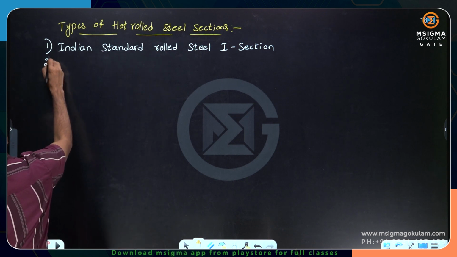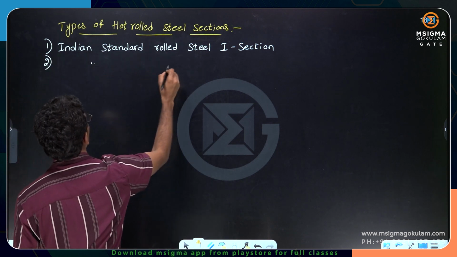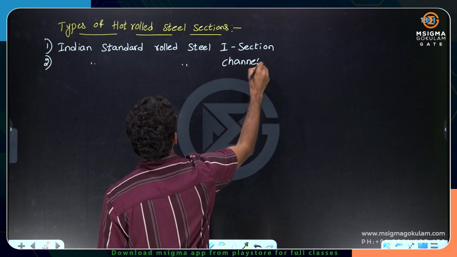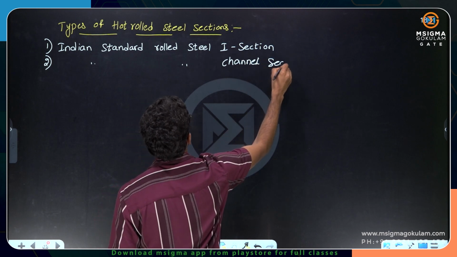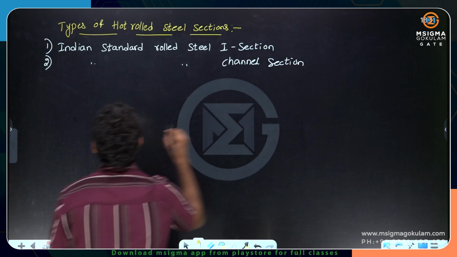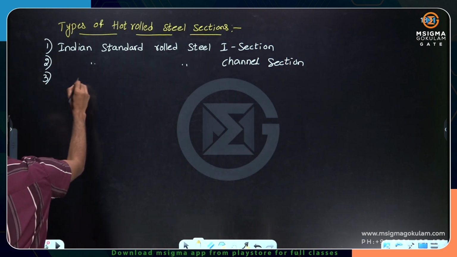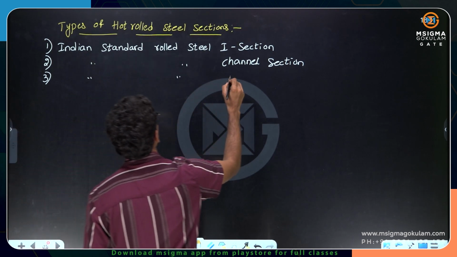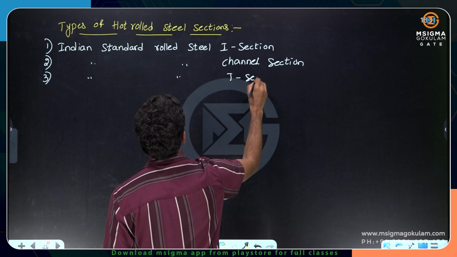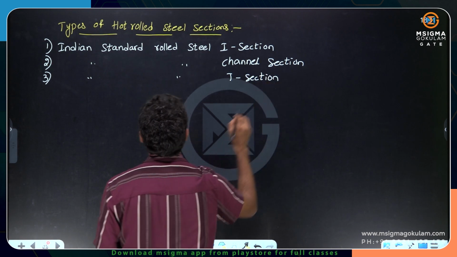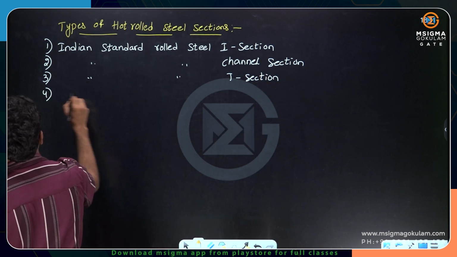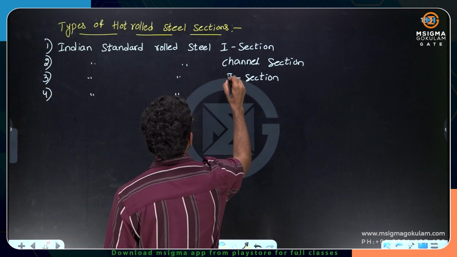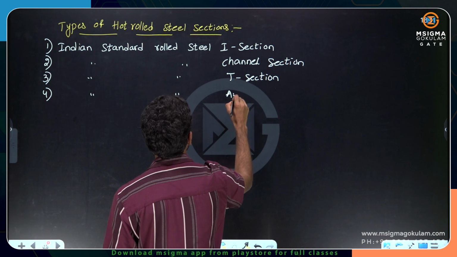The second one is Indian standard rolled steel channel section, and the third one is Indian standard rolled steel T sections, then Indian standard rolled steel angle sections.